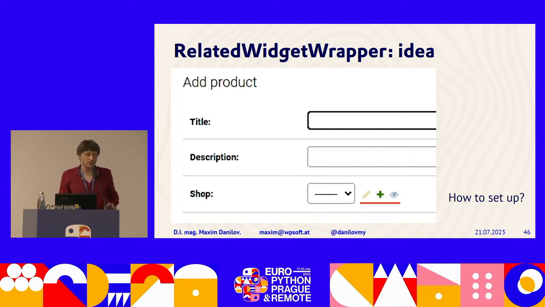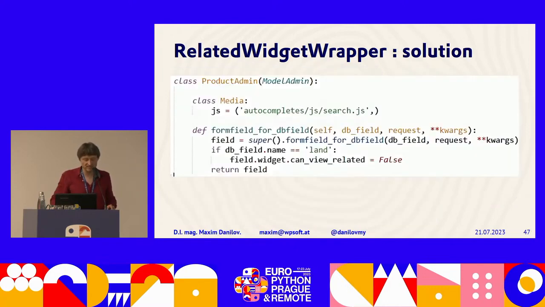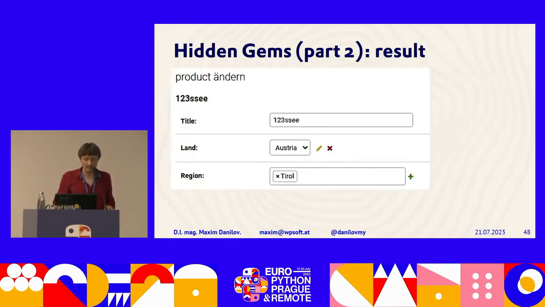Sorry, this widget is hard-coded in Django Admin, and I want to throw away some icons. How can I do it? You can see on the video my investigation and offers, but the best solution is for the widget: please set the can view related attribute, and after that, the view possibility disappears.